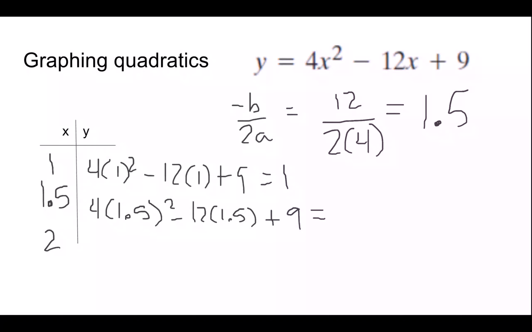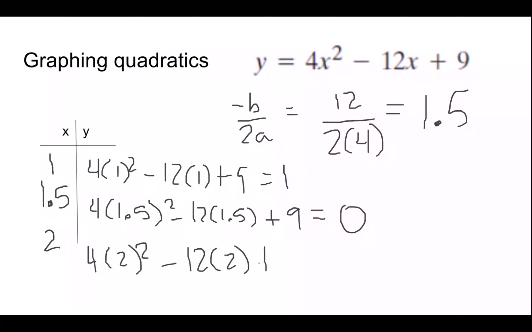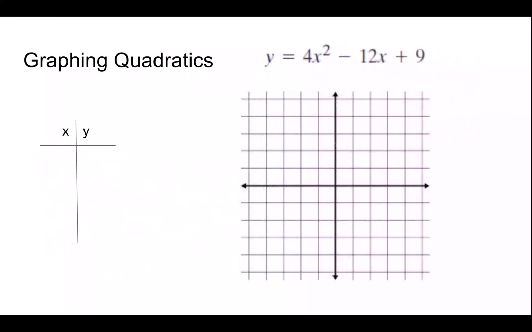And when I plug this in, I end up getting 0. And now we'll plug 2 in. So do 4 times 2 squared minus 12 times 2 plus 9. And again, when I do all that, I just end up with 1.